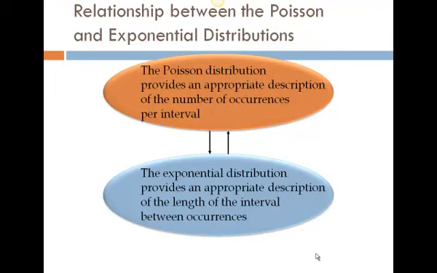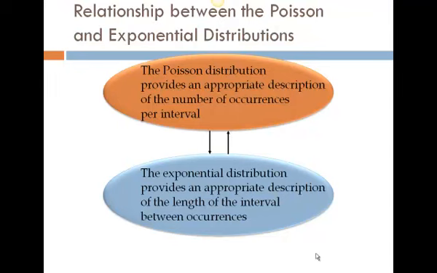The Poisson distribution provides an appropriate description of the number of occurrences within the interval, while the exponential distribution provides an appropriate description of the length of the interval between occurrences. So they're related to one another, as we can see there.